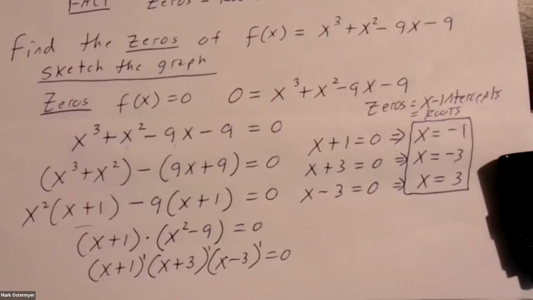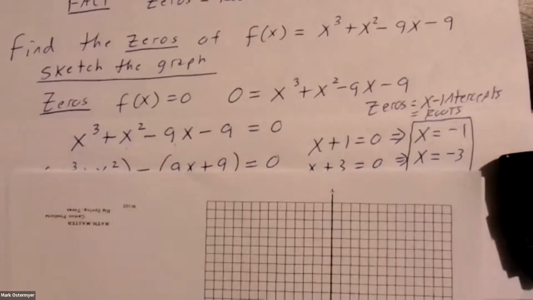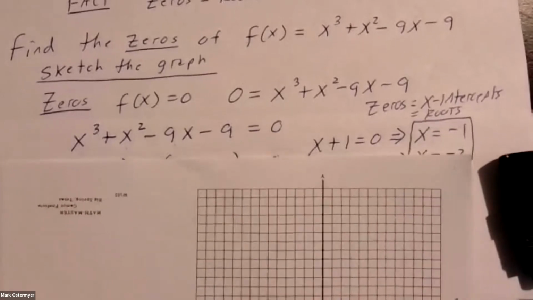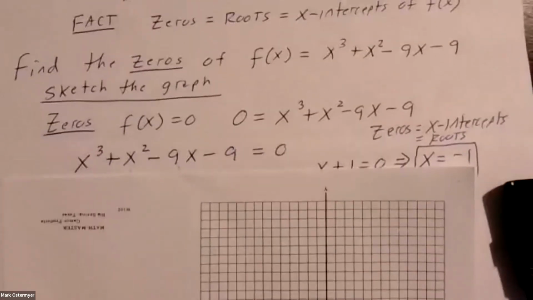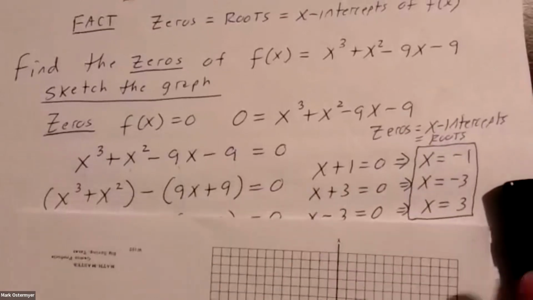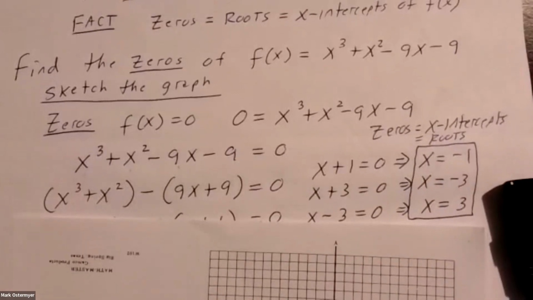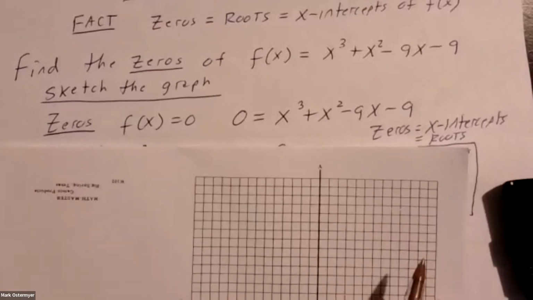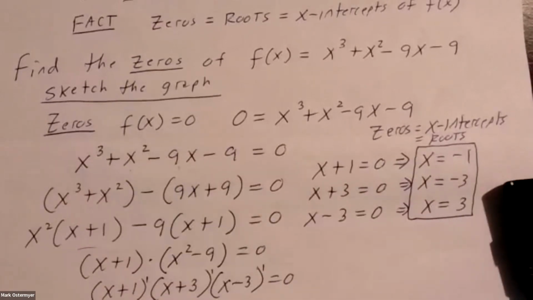I'll show you why. I'm going to take a piece of graphing paper here. And ladies and gentlemen, I'm going to begin to sketch the graph of this third degree polynomial function. Now remember, the x-intercepts are what? -1, -3, and 3. So I have a question for you. Is my graph going to cross through the x-axis at -3 or actually just touch the x-axis at -3?